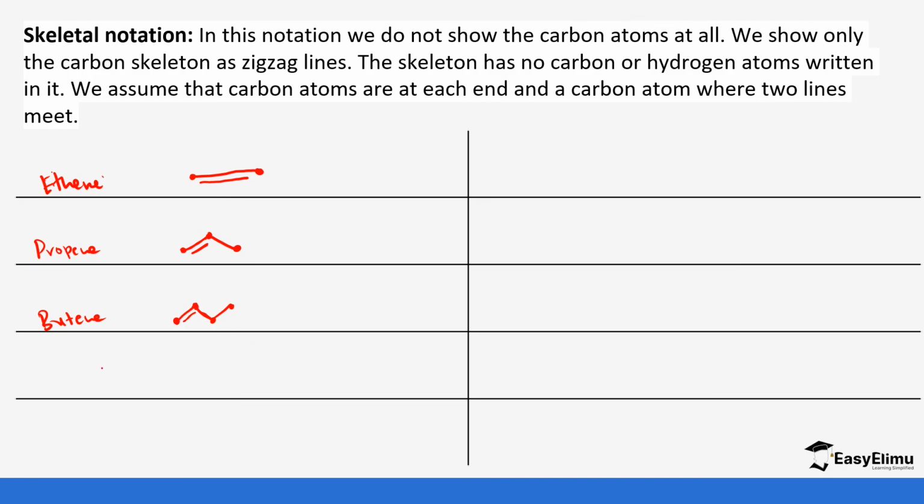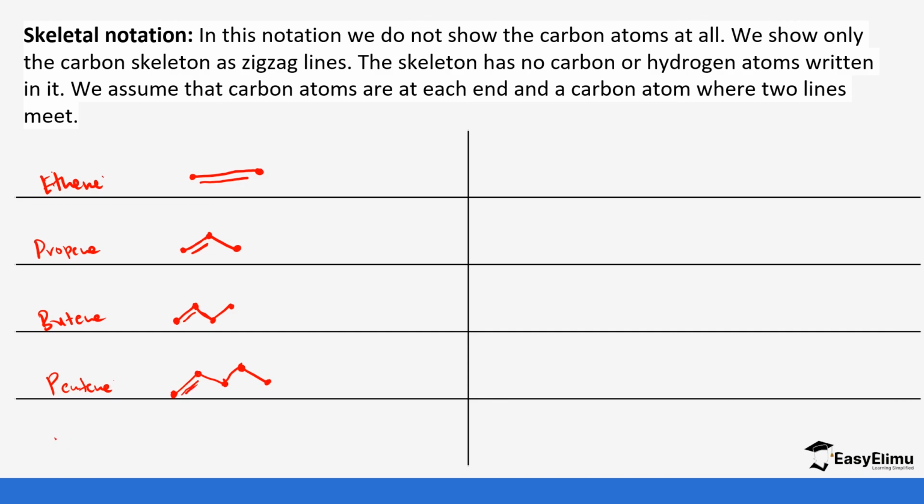And then we can do pentene as well. So we have this line, this line, this line, and this line. So this is one of the carbons, the second carbon, the third carbon, the fourth carbon, and the fifth. So we draw a smaller line in the first carbon here to show the double bond.